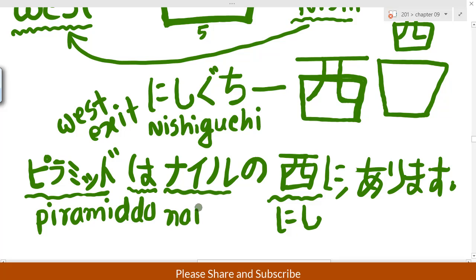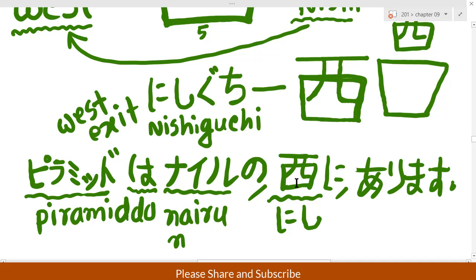Nairo means Nile river. So Nairo no nishi ni arimasu. Nishi means west. That means west of the Nile river, over there is the pyramid.